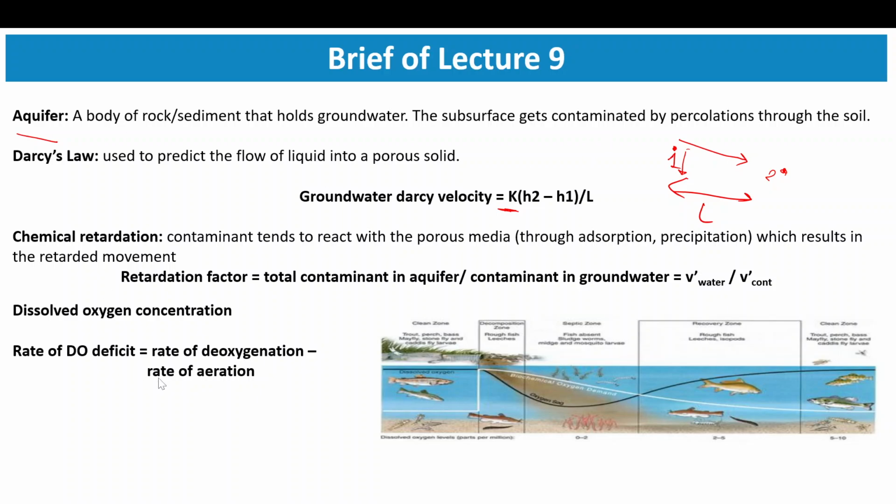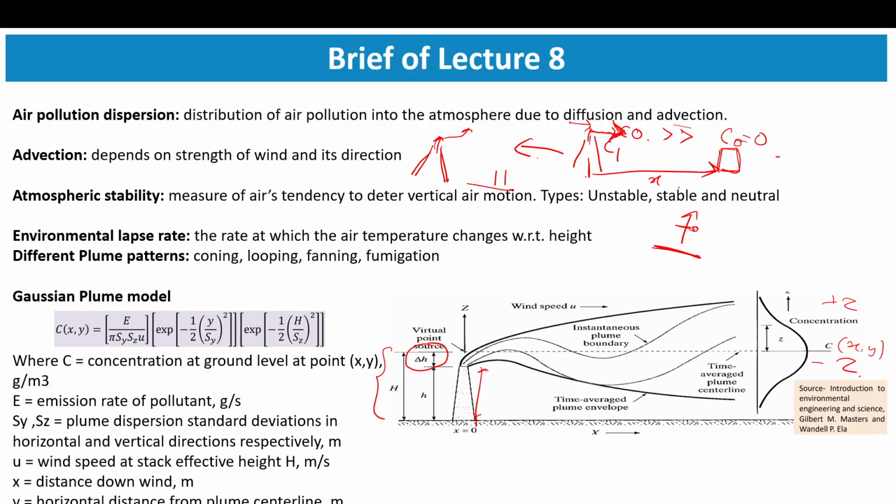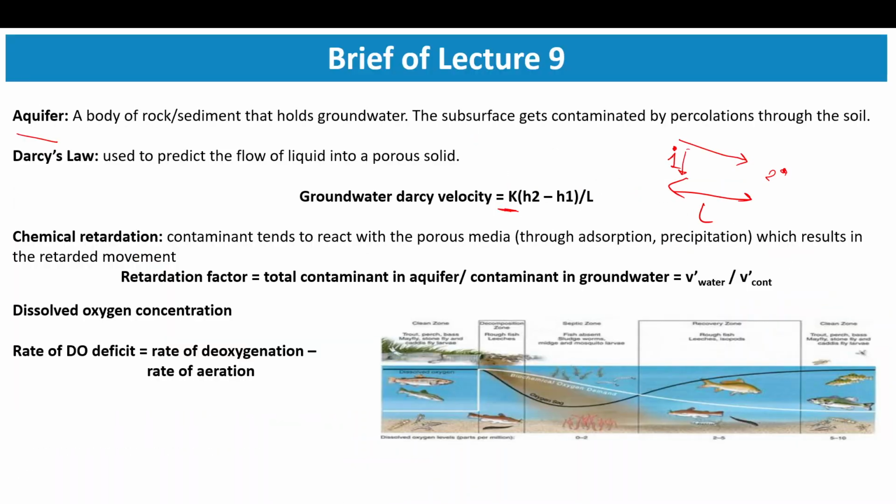I'm not going into much detail of this derivation. Next, what was taught in the class was dissolved oxygen concentration. In the previous slide, we learned that there is a chance that dissolved oxygen concentration decreases. So there was a derivation of different equations for calculating dissolved oxygen concentration.